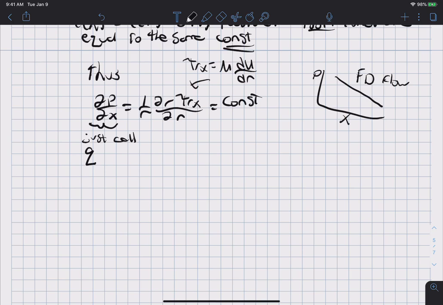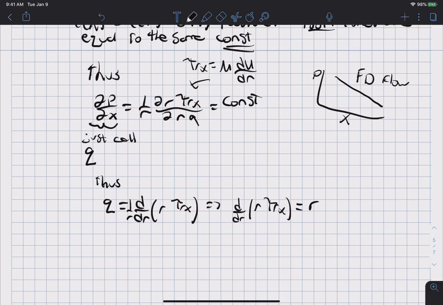And so we have q equals d dr. Again, tau is a function of r only, so I can change these partials to just normal derivatives: d dr of r tau rx, times 1 over r. That implies that d dr of r tau rx equals r times q, just multiplying both sides, where again q is just dp dx, which is a constant. Well, this is a separable ODE.